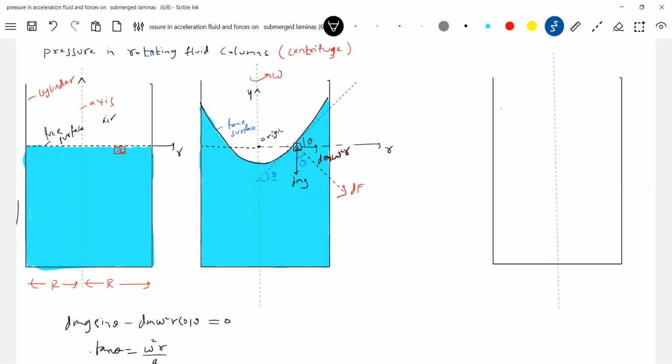Or you can show the axis here and this as the origin. Sorry, I didn't locate the origin properly. We'll take it here. Now look at tan theta, dy by dr.